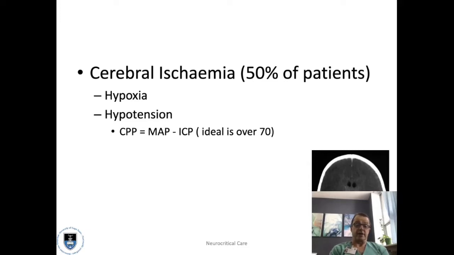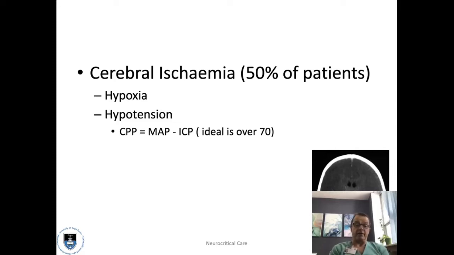So obviously, if the mean arterial pressure is low in a patient with raised intracranial pressure, the cerebral perfusion pressure is going to drop. And when it drops below a threshold of 50, you have almost invariably irreversible hypoxic brain injury.